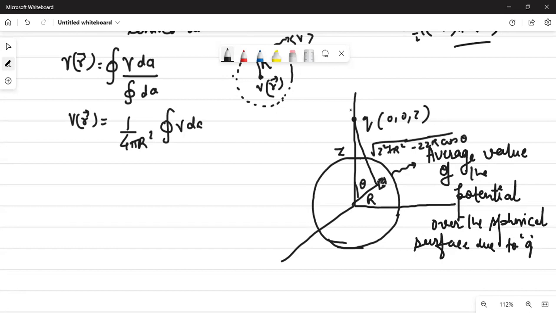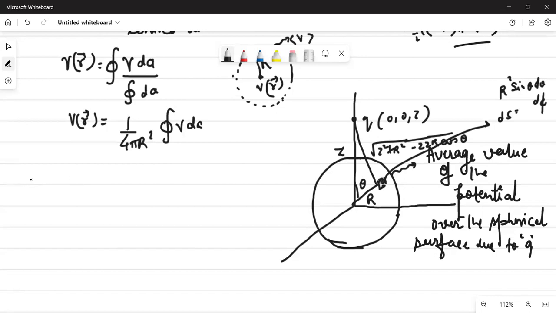So first find the potential due to this point charge at an infinitesimally small patch, whose dS I can write as R squared sine theta d theta d phi. This is the differential area element.